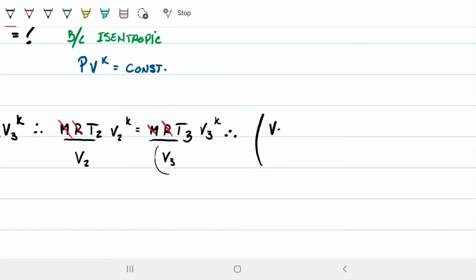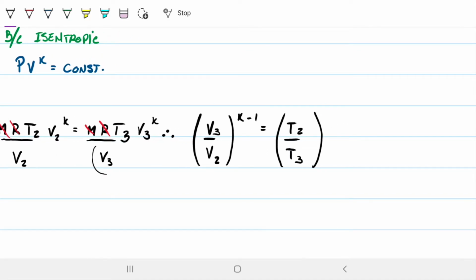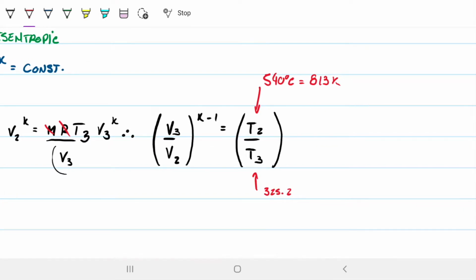So this turns out to be the ratio of V3 over V2 to the K minus 1 is equal to the ratio of T2 over T3. We know the ratio between T2 and T3. What we don't know is the ratio between the volumes, which is exactly what we're looking for. Because we know the upper reservoir is 540 Celsius, which is the same thing as 813 Kelvin, and we know the lower reservoir we just found is 325.2.